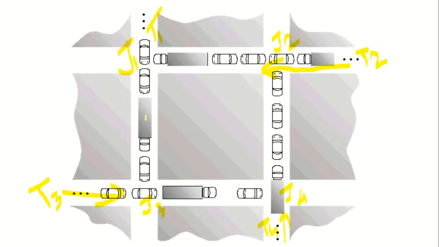Actually, junction J1 is currently held by traffic T1. Traffic T1 is currently holding junction J1. It is passing in this direction, and traffic T1 is waiting for junction J3 to become free.